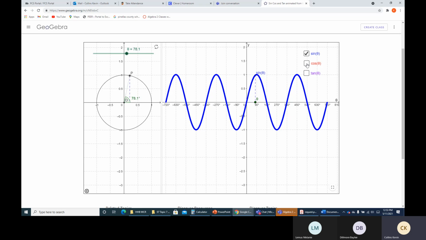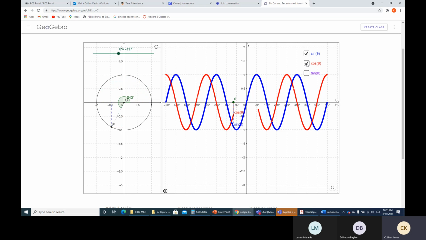So let's switch over to cosine. So you see it looks pretty much the same because it's bouncing back and forth from the same spot. But this time, what we're looking at is the little dotted line in red. It's like, how far am I to the left or how far am I to the right?